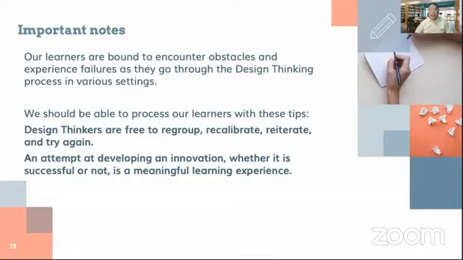These still have a lot of positive consequences that will be beneficial to our learners as they grow. So an attempt at developing an innovation, whether successful or not, we should be able to let our learners realize that it is a meaningful learning experience.